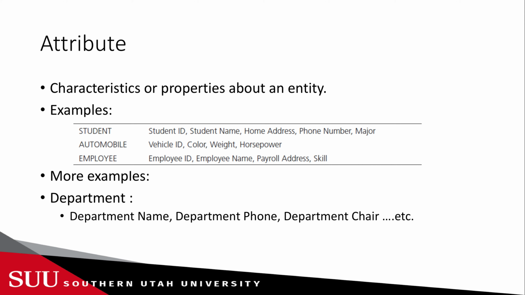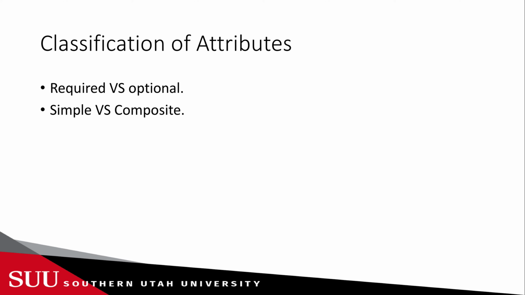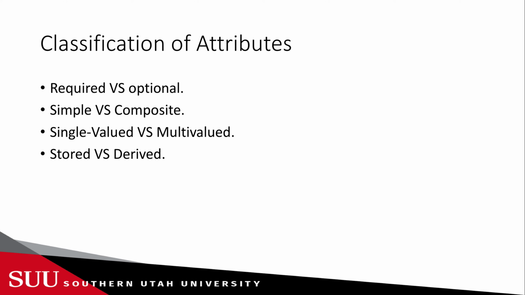Now, for the attributes, we have some classification of those attributes. So we have required attributes and optional attributes. We have simple attributes and composite attributes. We have single valued versus multi-valued attributes, stored versus derived, and then we have what we call identifier attributes.